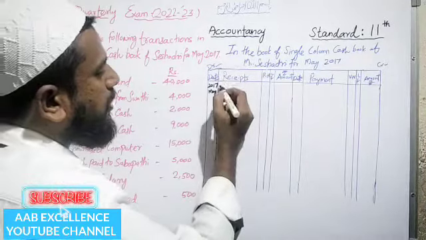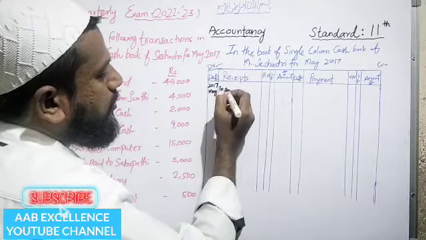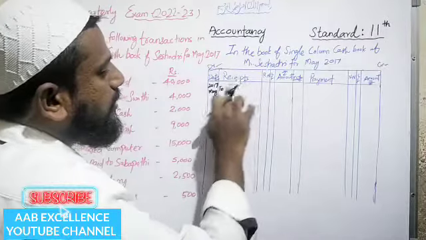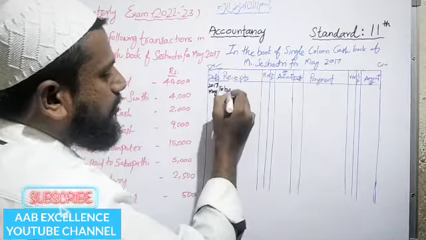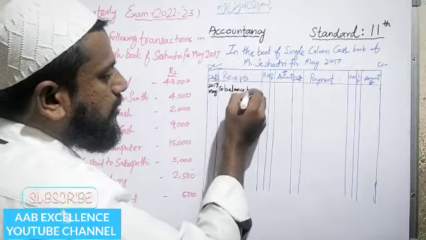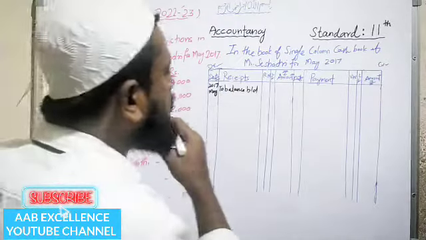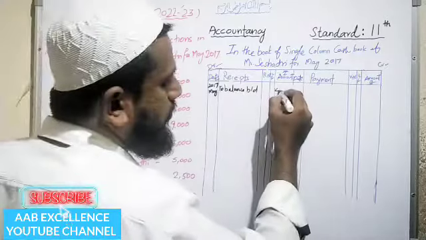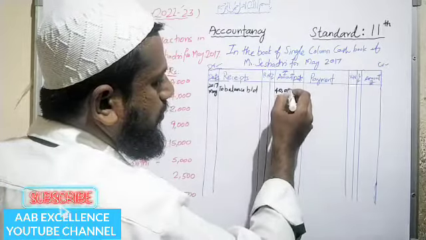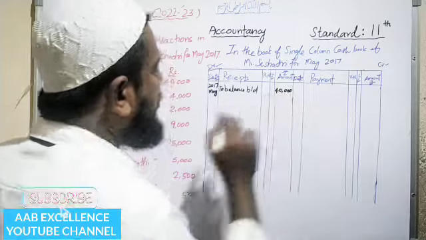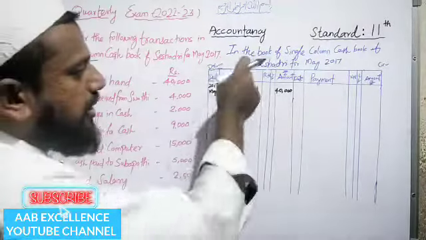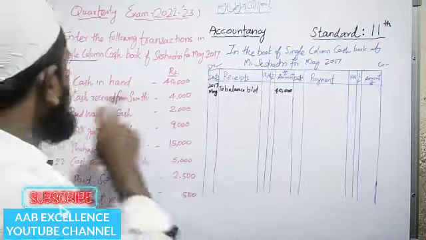In the receipt column we have to write down: To balance brought down, or cash also. To balance brought down, how much? 40,000. So the 40,000 in our hand will be posted on the receipt side, receipt column.